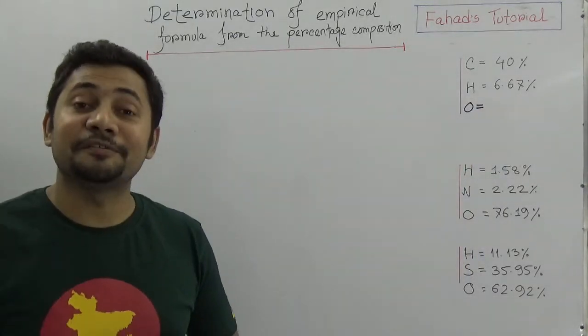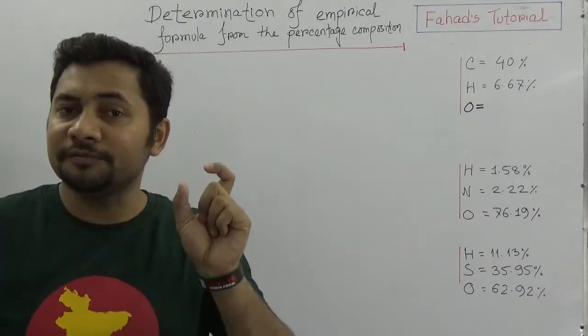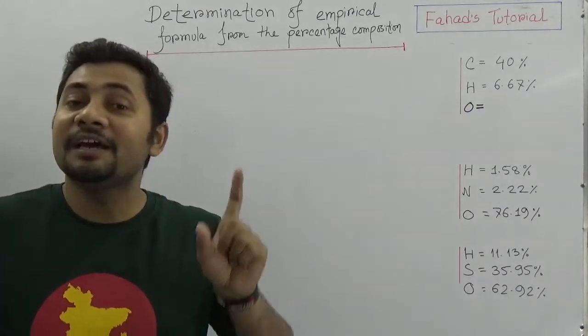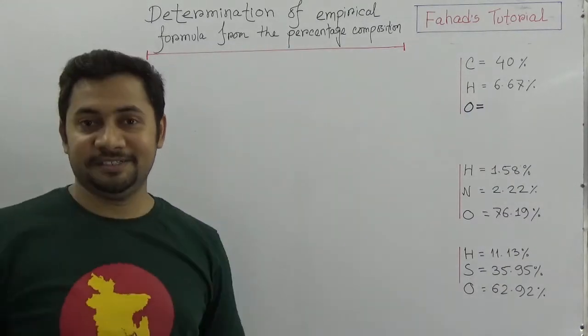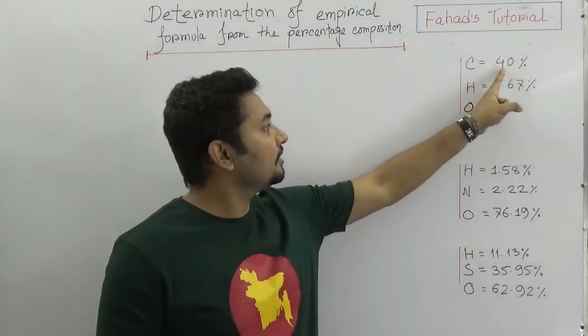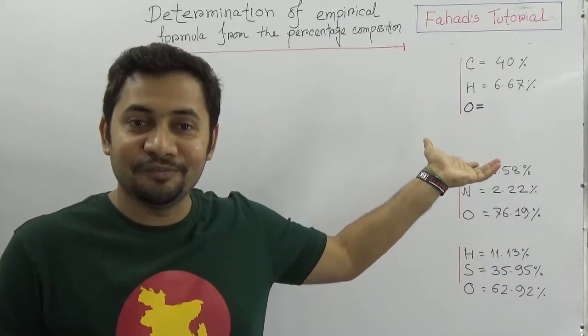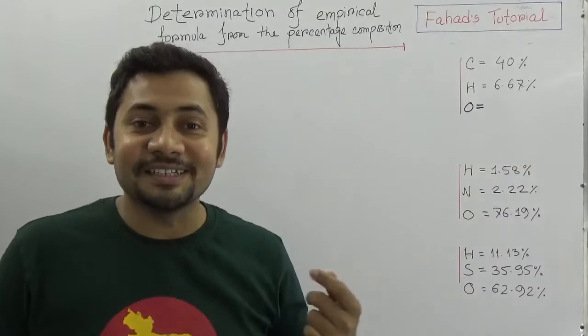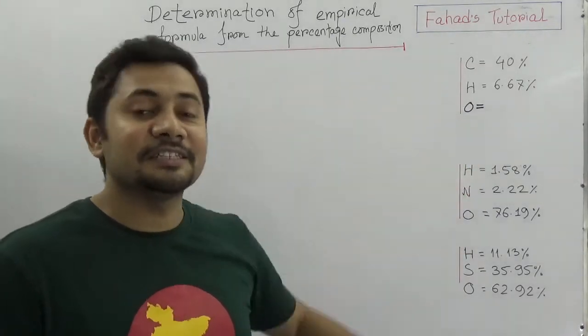And of course the first thing you need to understand whenever you are trying to figure out the empirical formula is that the percentage composition summation should be 100. And here you see this is only 40 and this is 6. So it is not fulfilled. So oxygen is actually there. So we need to find out what is the percentage of oxygen?